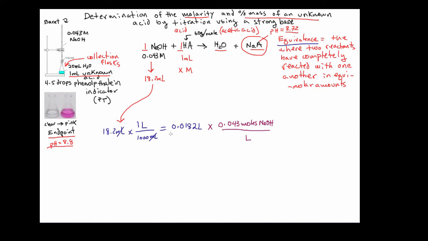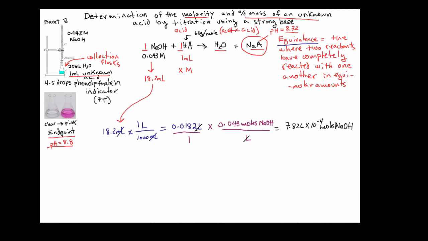All right, and you can see that this volume is over 1. So my liters nicely cancel out. And what I've solved for are the moles of the base. So it's going to be 7.826 times 10 to the minus 4th, and that's moles NaOH.